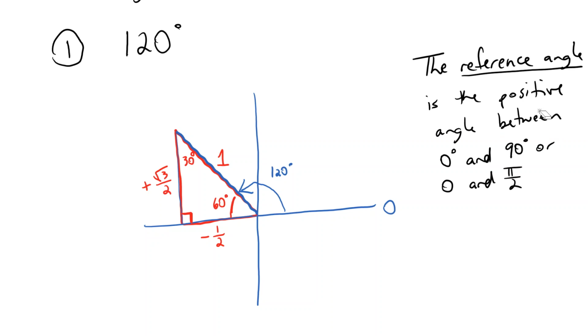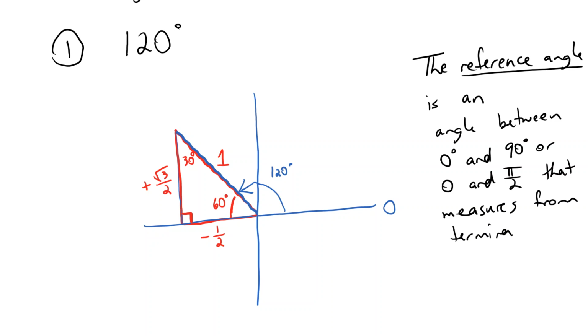In fact, we don't even have to say positive if we describe it that way, right? Is an angle between 0 and 90, or 0 and pi over 2, that measures from the terminal side to the x-axis. Okay?